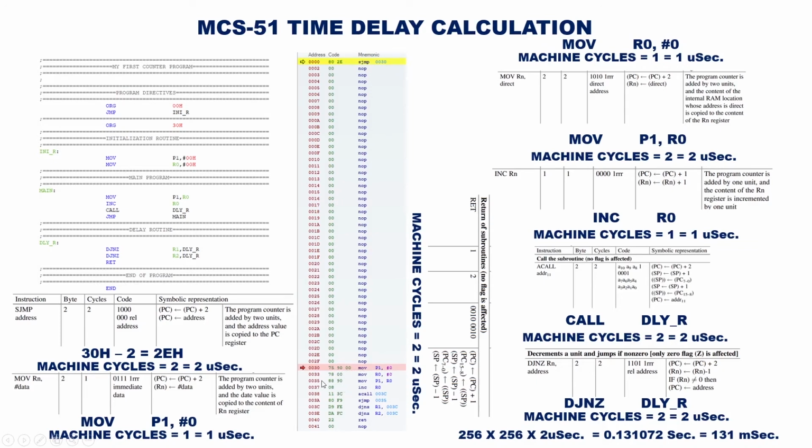And here on location 33 we have written 78 and 00, which means move R0, 00H. And here we have another opcode, that is 88H, 90, that is port 1, R0. Move R0 to port 1. And here we have another instruction, that is 08 for increment R0.